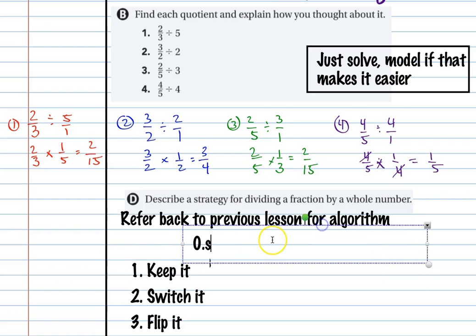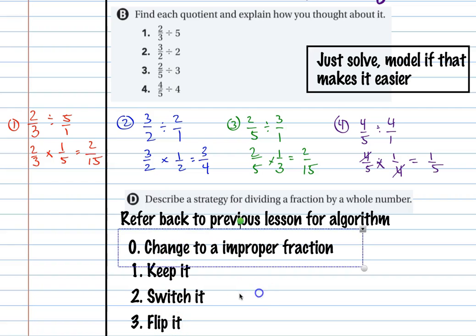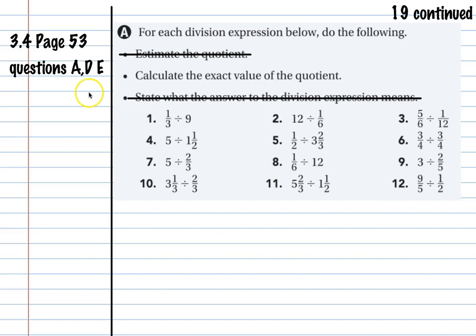Step 0, you might need to change to an improper fraction. Okay, so keep it, switch it, flip it, change to improper fraction. Awesome. Okay. You can go to the next page.